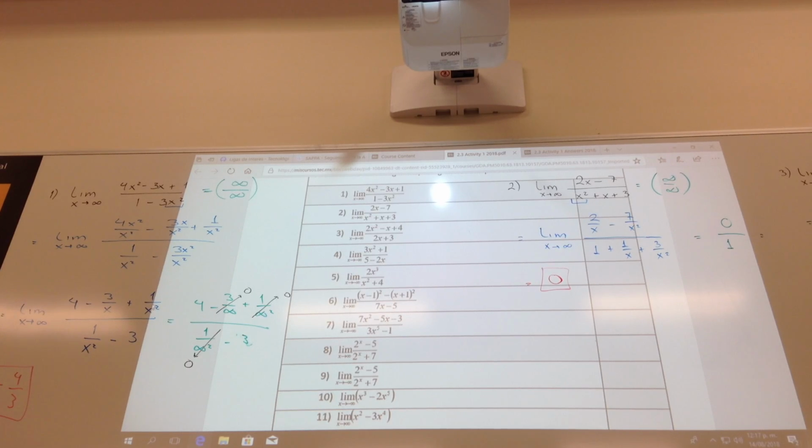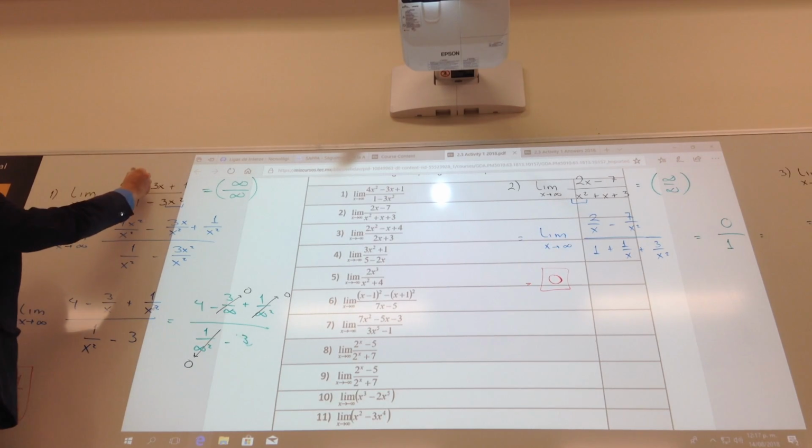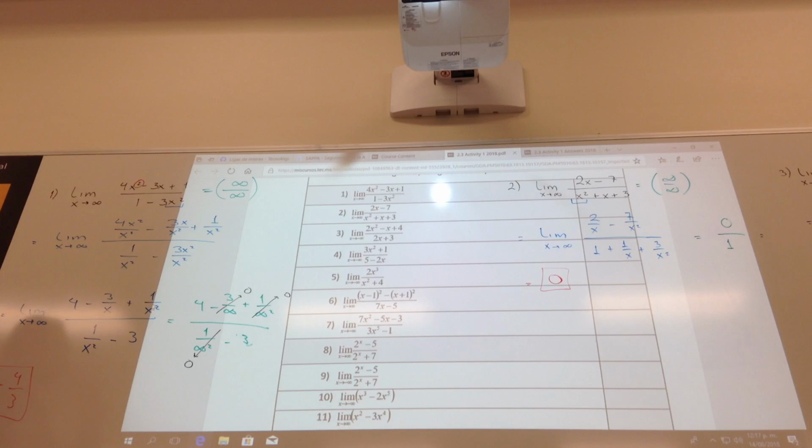Some of you have already seen this, but here, observe. In the first example, what is the highest power of the numerator? The degree is the highest power. 2. Not the x, the power. The power is 2. The denominator, the highest power is also 2.